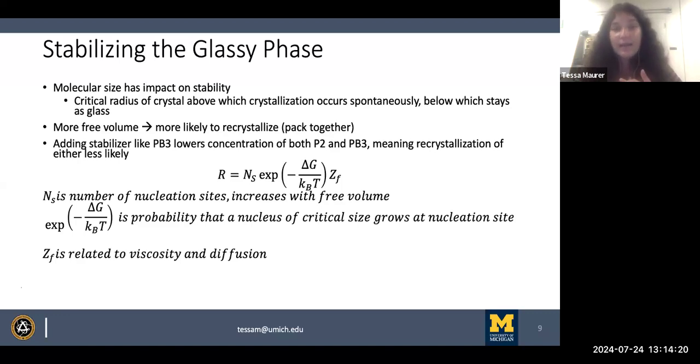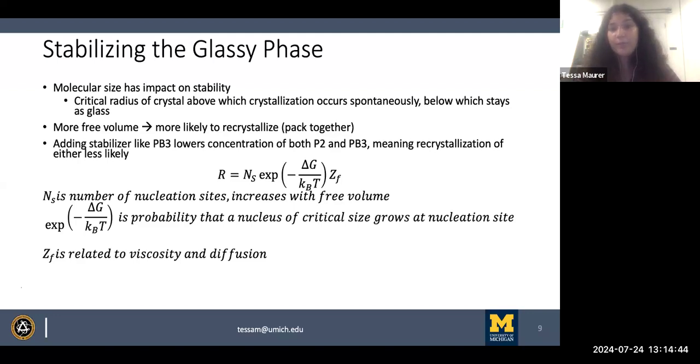So molecular size has a big impact, and one of the big things about this is free volume. The denser your material is, the less likely it is to repack itself into a crystal-like structure. If you have more free volume, it's more likely to recrystallize and pack back together.